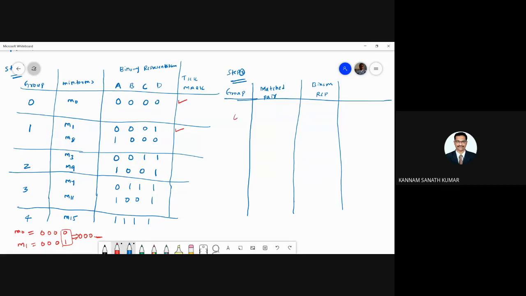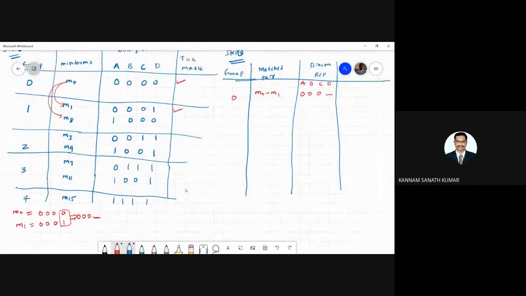Let us consider this is group 0, m0 and m1. What is my binary representation, A B C D? That is 0 0 0 with a colon. Similarly, match m0 and m8. m0 is 0 0 0 0 and m8 is 1 0 0 0.